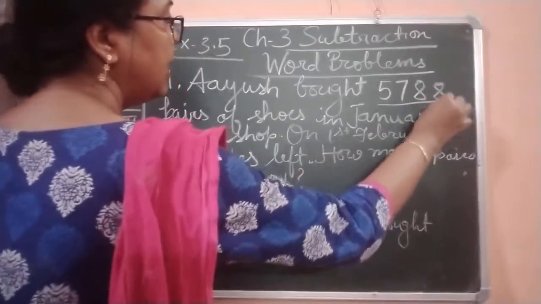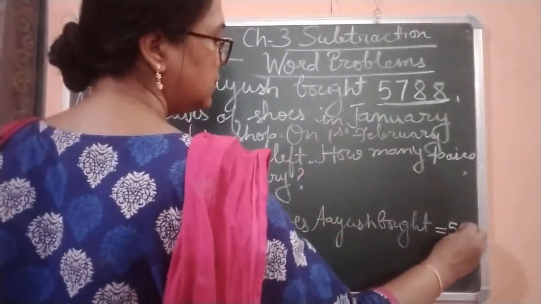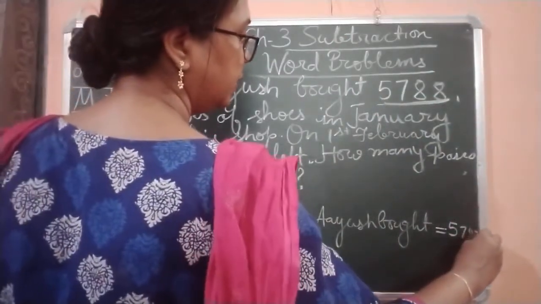So how many? 5,788 equal to 5,788. Okay, 88 you just write it down.